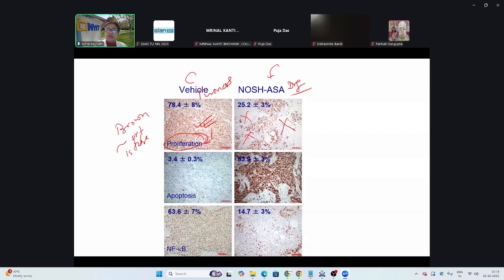This means the proof of concept is working, that NOsh aspirin indeed works. That's the mechanism: the cells are not proliferating. The cells are just not there. Actually, this one just stains for the nuclei, so this one is not staining them.